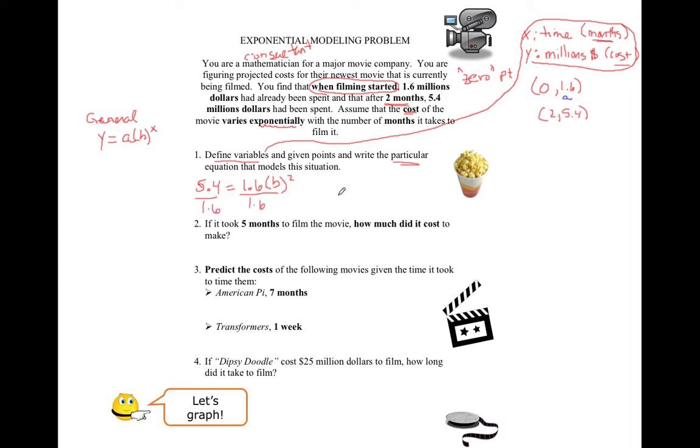I don't care what that number is. I don't need my calculator yet. 5.4 divided by 1.6 is equal to b squared. Don't take the square root, because what if that was cubed, or what if that was 2/3, right? What did I teach you to do? How to undo an exponent.